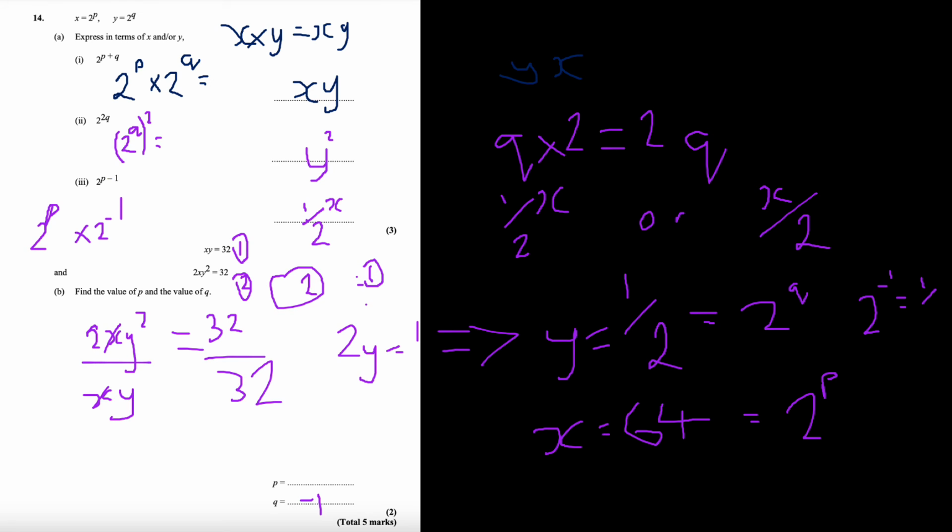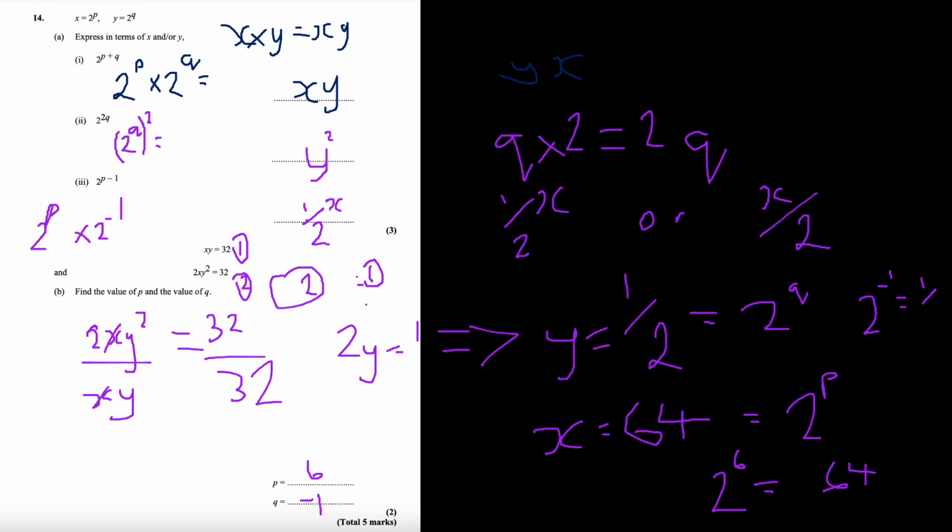And for x, 2 to the power of 6 is 64. 2 times 2 is 4, times 2 is 8, times 2 is 16, times 2 is 32, and then times 2 again is 64. So 2 to the power of 6 is 64. So that is my answer for that one.